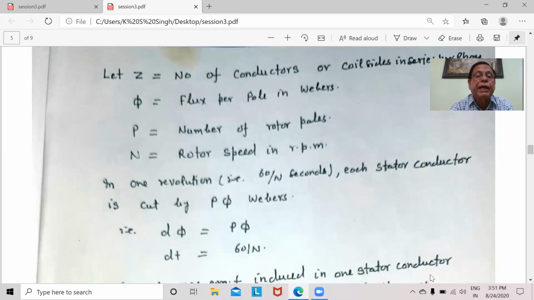Let Z be the number of conductors or coil sides in series per phase, phi the flux per pole in Weber, P the number of rotor poles, and N the rotor speed in RPM. Since the speed is N RPM, you can convert this to one revolution, that is 60 by N seconds.